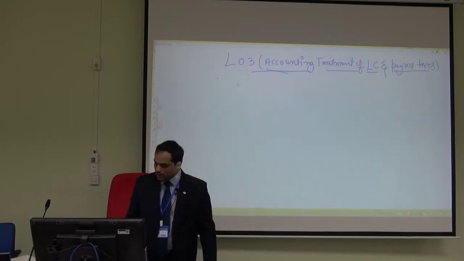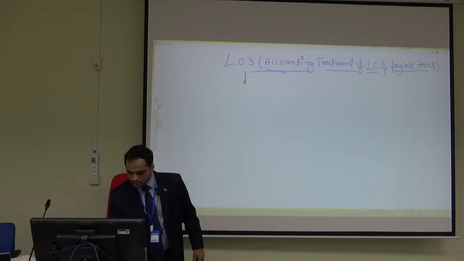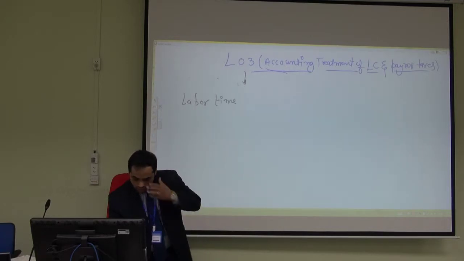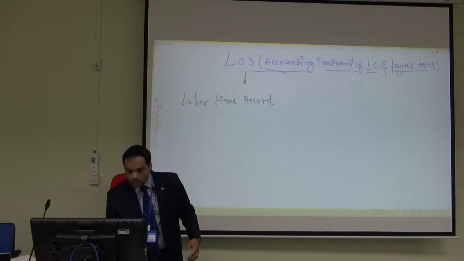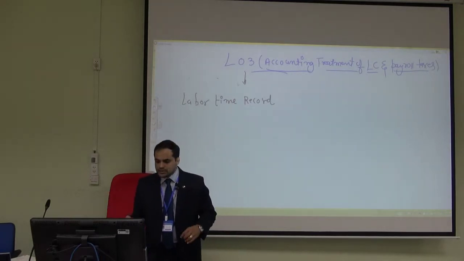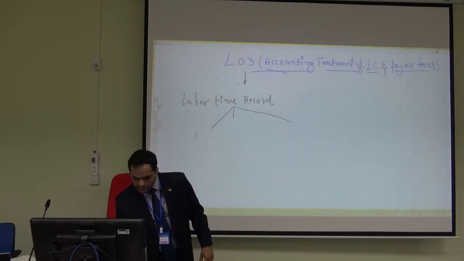Here we can start with the labor time records. In the labor time records, as I explained before, we have mainly two kinds of cost, direct labor and indirect labor.